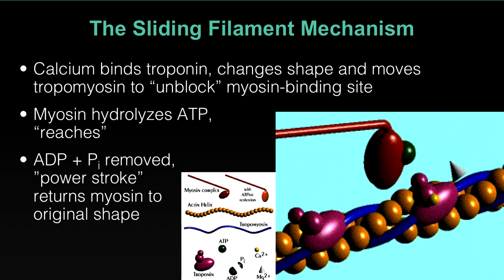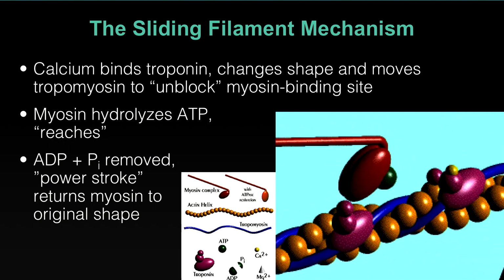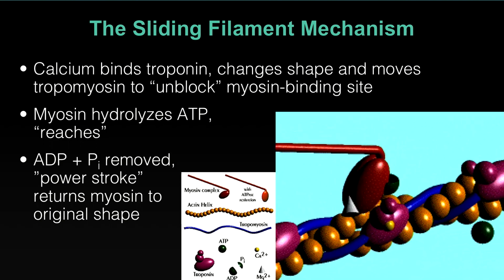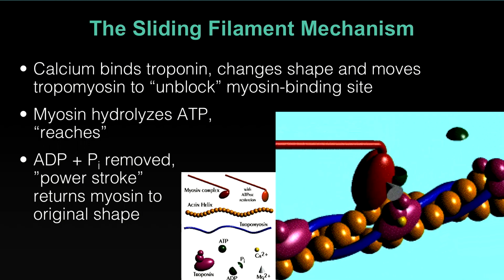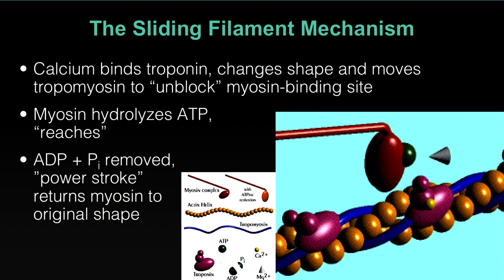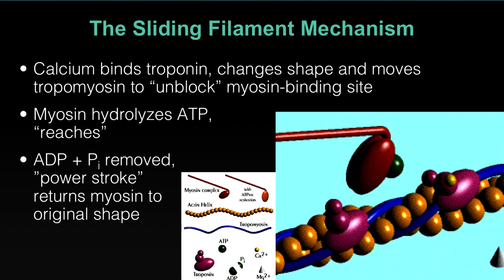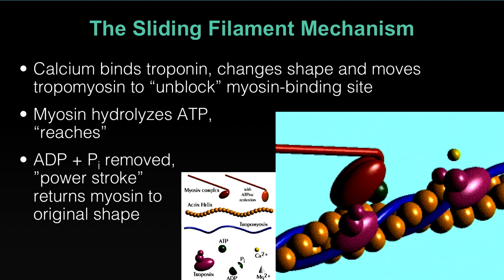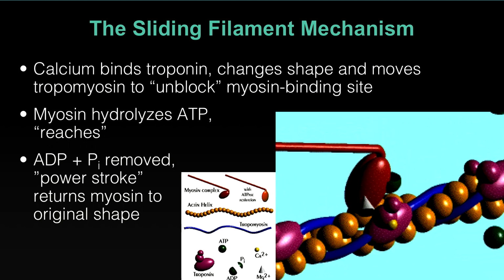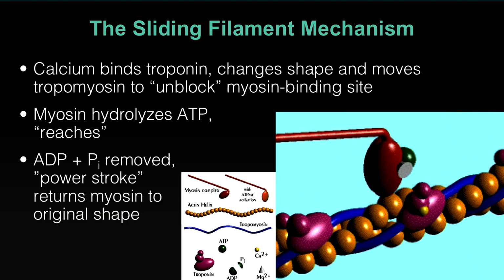ADP and phosphate are still bound to the energized myosin, and it's the returning to normal that causes the power stroke. I suppose one thing that I missed that would help that make sense is that when ATP binds, myosin reaches, myosin extends, and then it's the returning to normal shape that defines the power stroke.